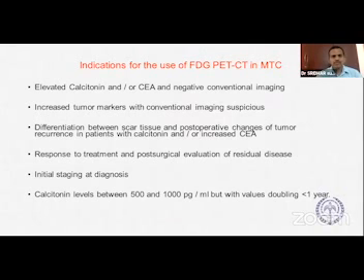These are the indications for doing an FDG PET-CT in MTC. You can see elevated calcitonin or CEA with negative conventional imaging, and we would like to see the response to treatment and post-surgical evaluation of residual disease, and sometimes initial staging and diagnosis. The calcitonin level should be above 500 with a doubling time of less than 1 year.